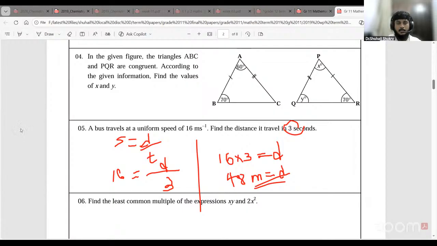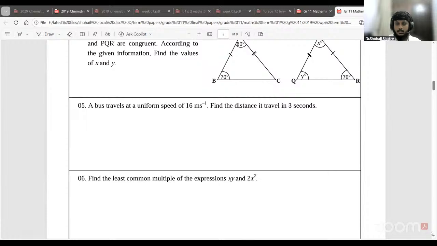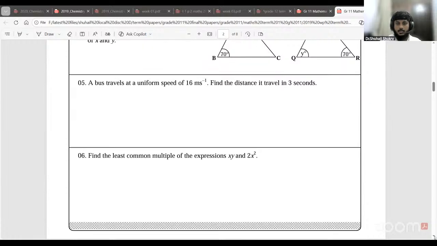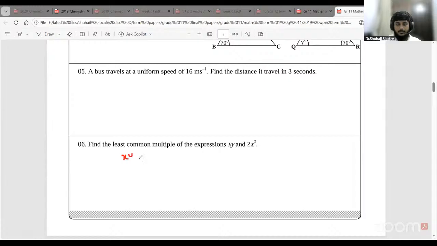Now, one side is xy, one side is 2x squared. You can find it like this. Write xy here and on the other side write 2x squared, and divide this by x.